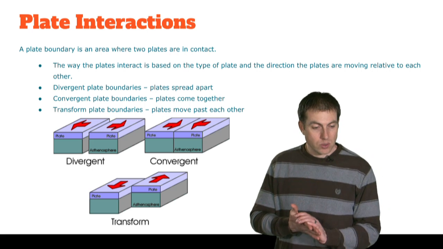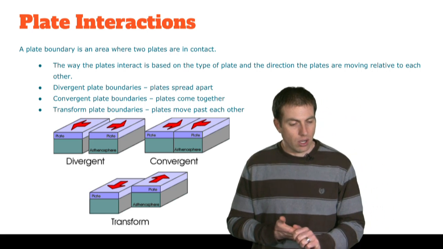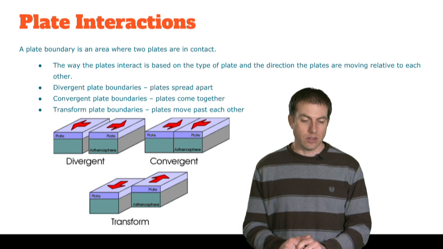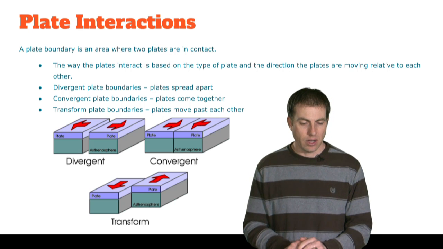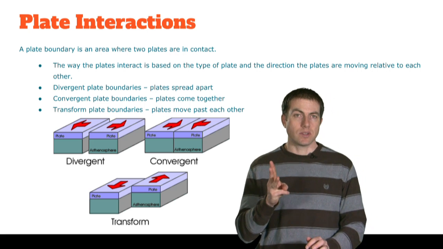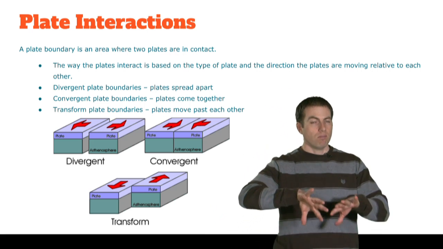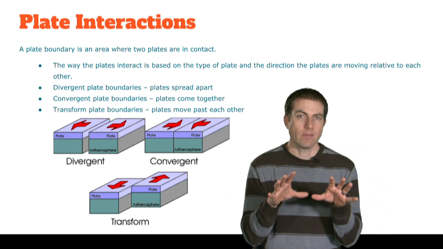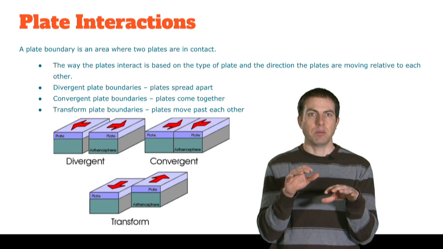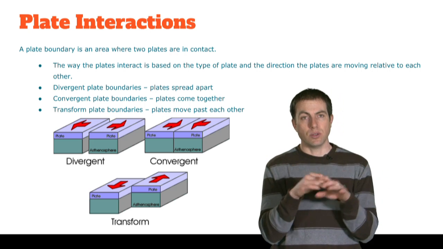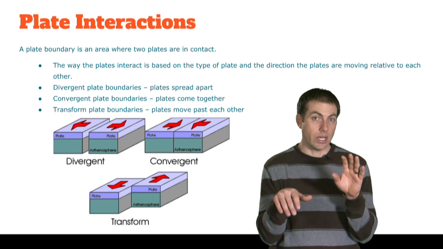A plate boundary is where two plates are in contact, and the way they interact is based on the direction the plates are moving and how thick they are. We have three options, and we'll lump all of the interactions into these three categories, which can take place with two continental plates, two oceanic plates, or an oceanic and a continental.